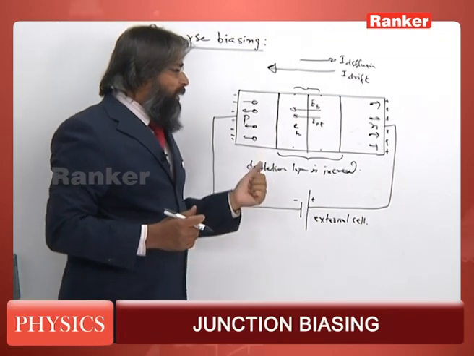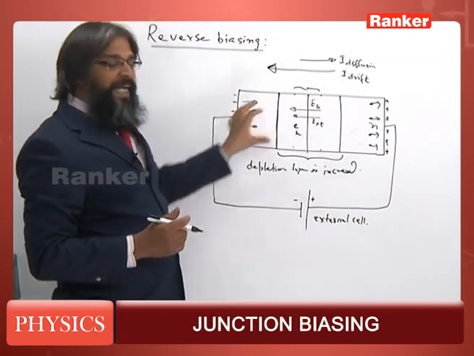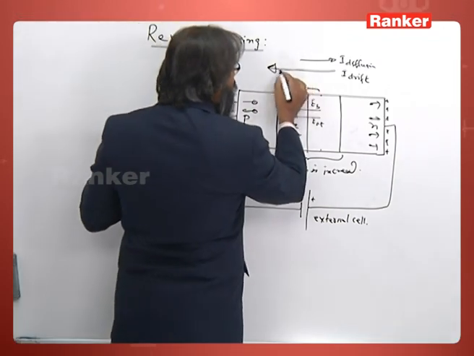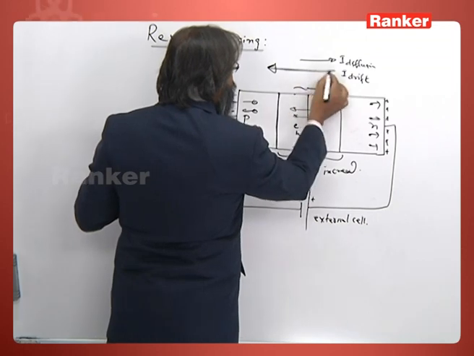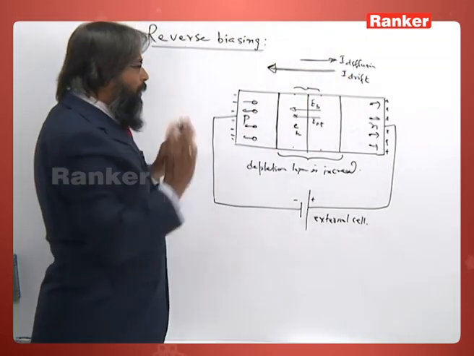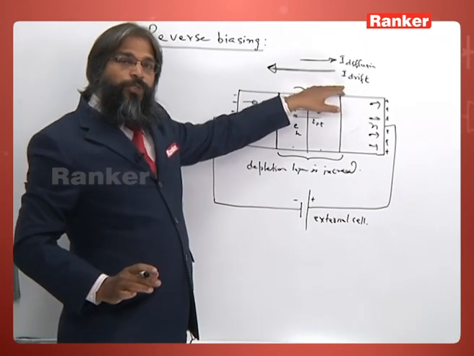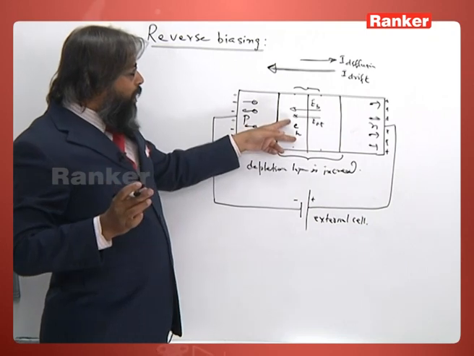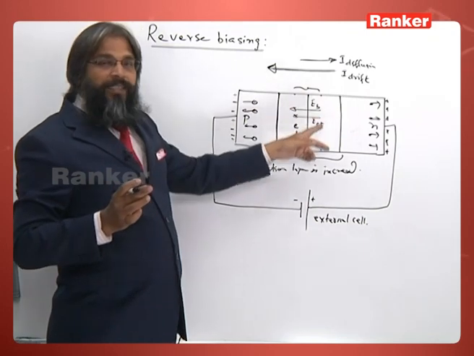You see one more thing, this net flow of current is because of the drift current. This drift current is exceeding the diffusion current. Now we know that this drift current is due to the minority charge carriers, the electron hole pairs created at the junction.